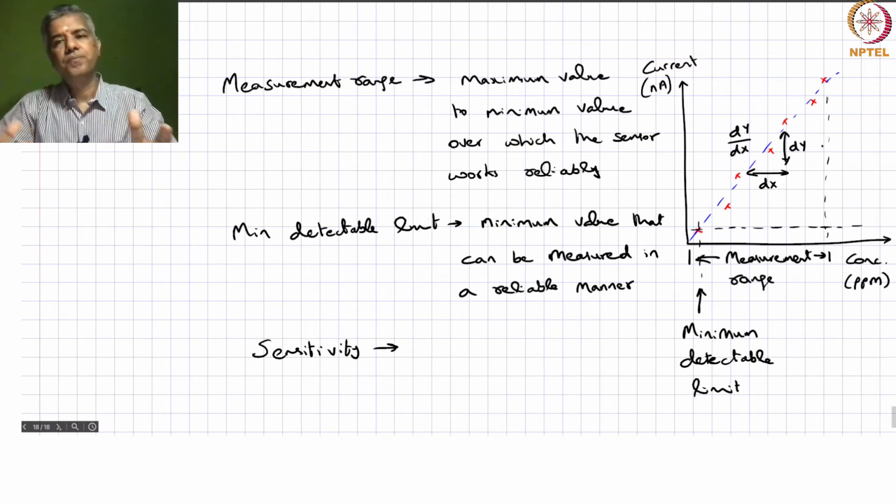Okay, so there is actually a trade-off between the sensitivity and the measurement range. If you want high sensitivity, maybe your measurement range will be limited because you're not able to support such a large change in, in this case, the current from nanoamperes to milliamperes.